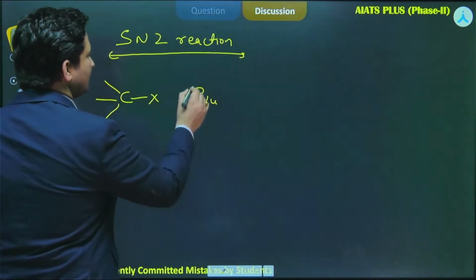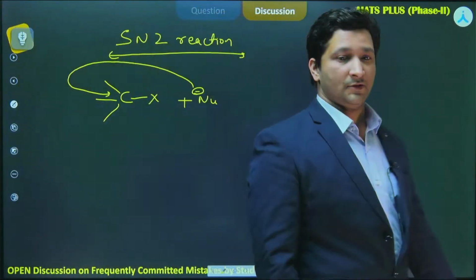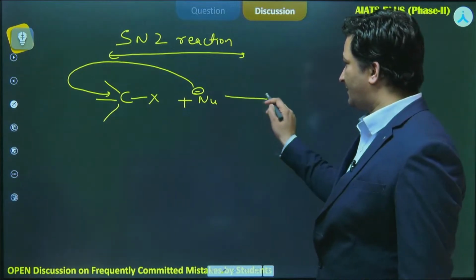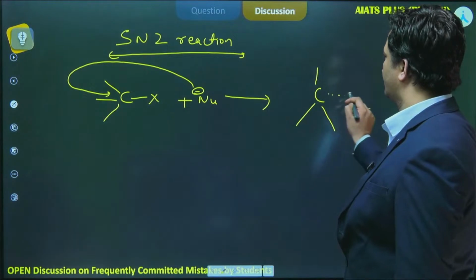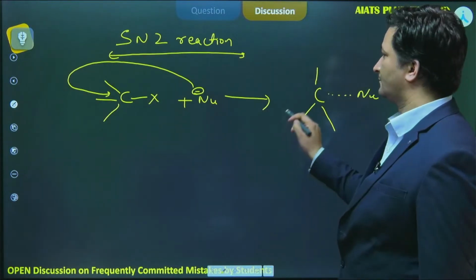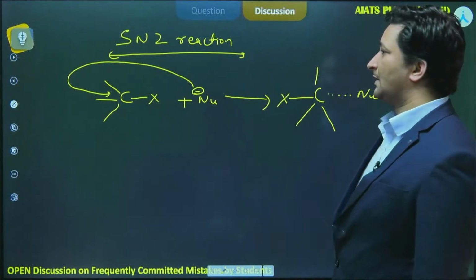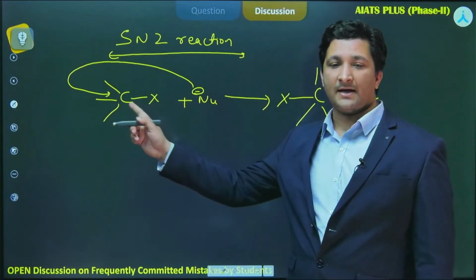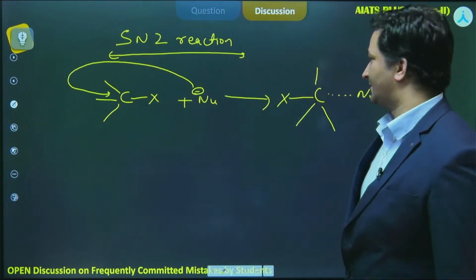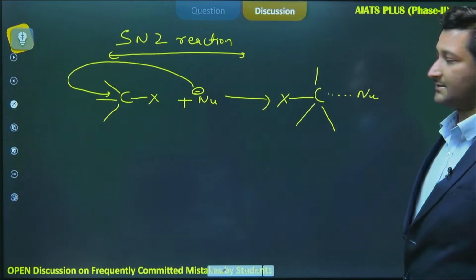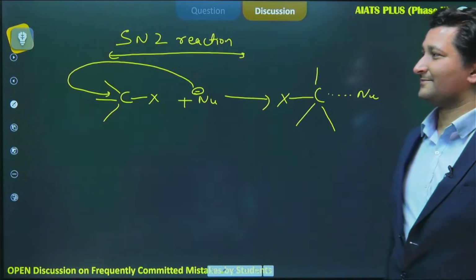Now this nucleophile will definitely attack from the back side, and due to this a pentavalent transition state will be formed. You can see both the nucleophile and the alkyl halide are reacting with each other here. Actually, yes, simultaneous bond formation: the bond is forming and X is getting removed here.